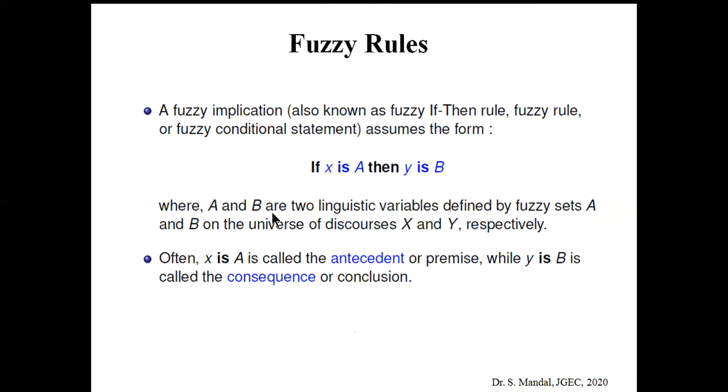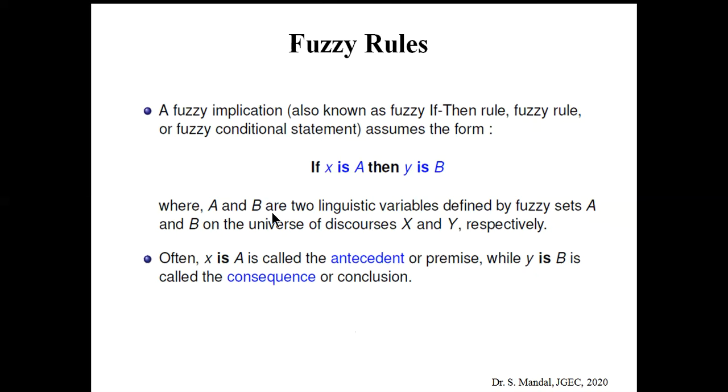The part 'x is A' is called the antecedent or premise, and 'y is B' is called the consequence or conclusion.